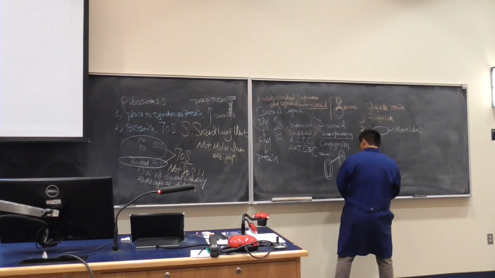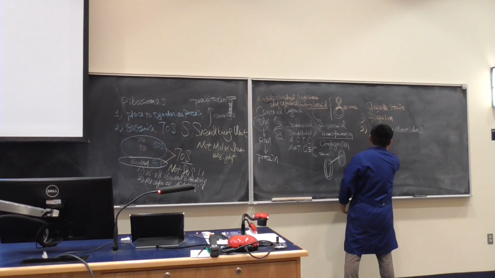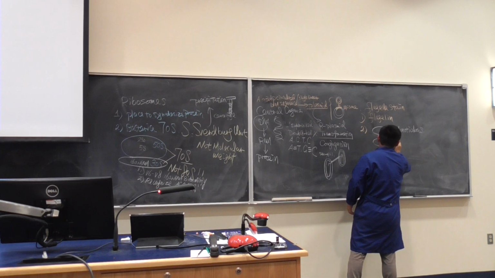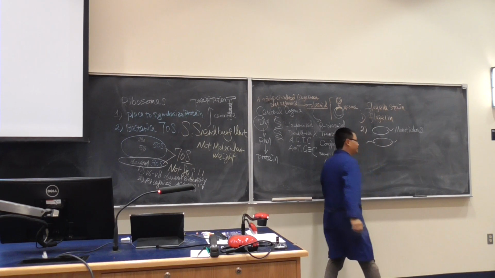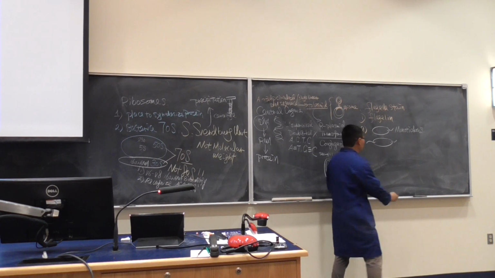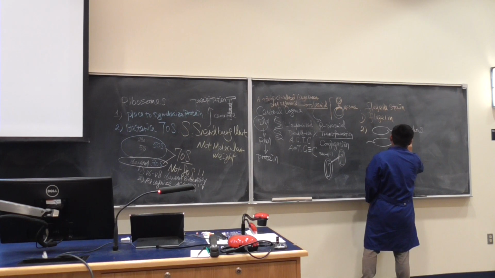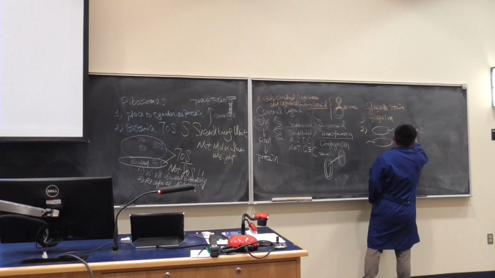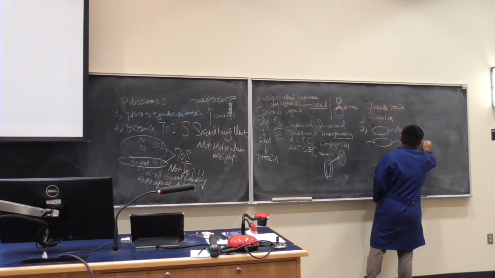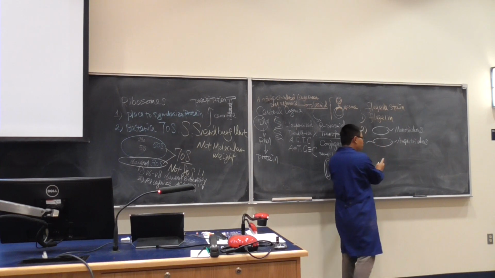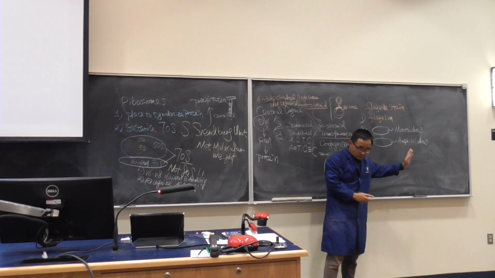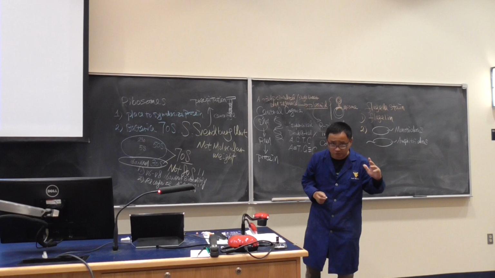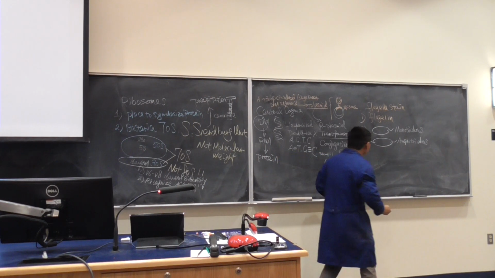Then we have another example. A bacteria will have 2 flagella, one at each end. This is called amphitrichous. When you have 2 flagella at each end, the moving capability starts to increase a little bit.